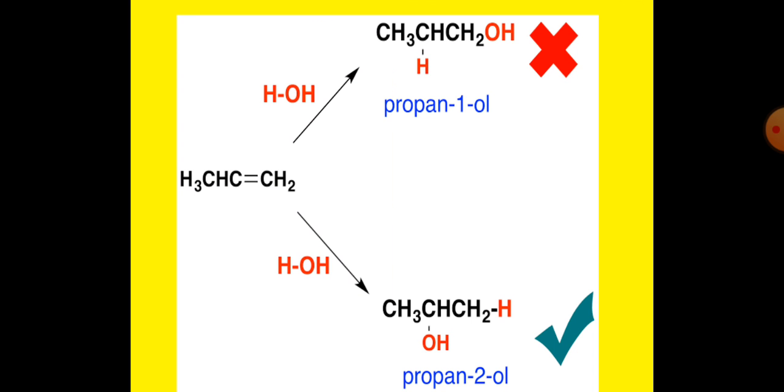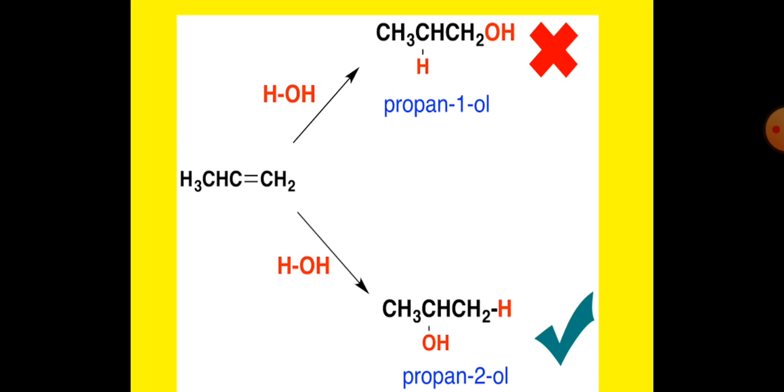The negative part of the reagent, that is water, the OH group, is attached to that carbon atom which contains more number of hydrogen atoms across the double bond, and the hydrogen atom goes to the carbon with less number of hydrogen atoms.